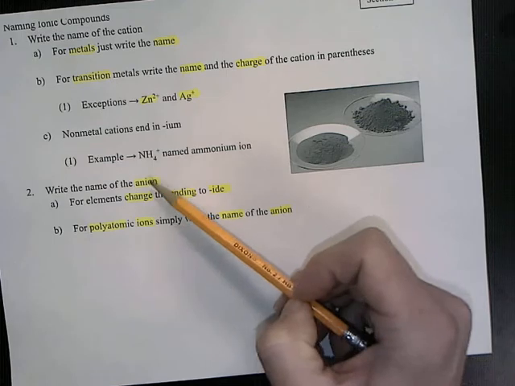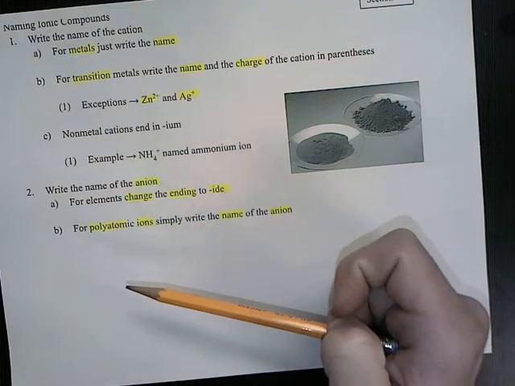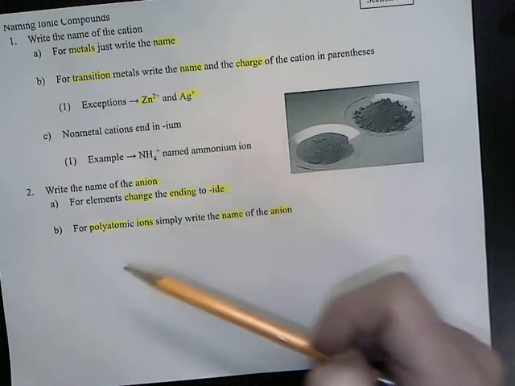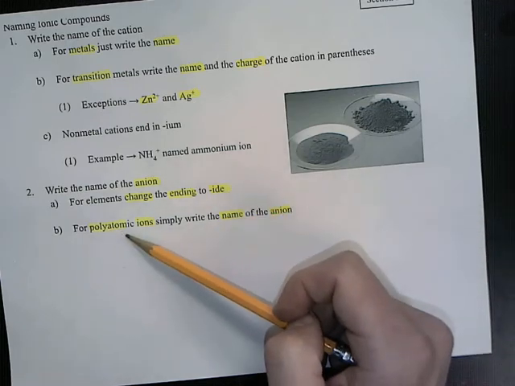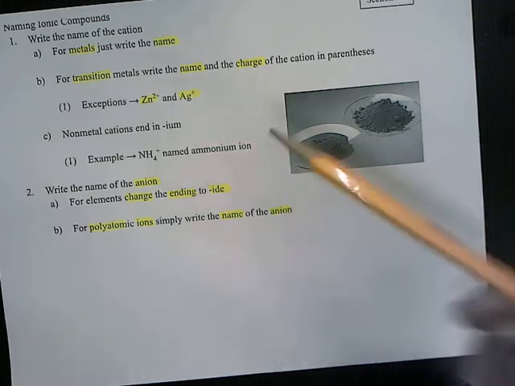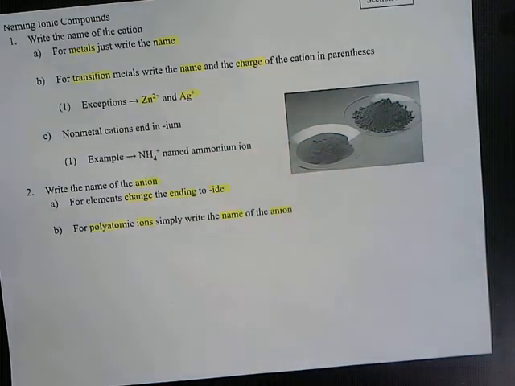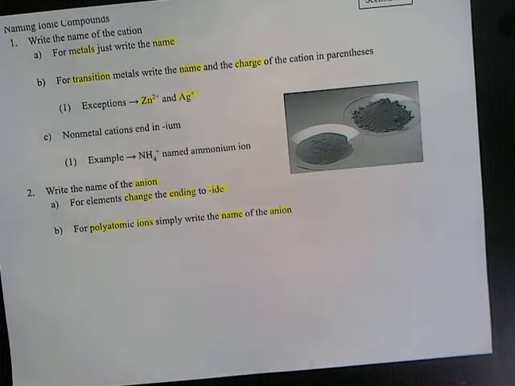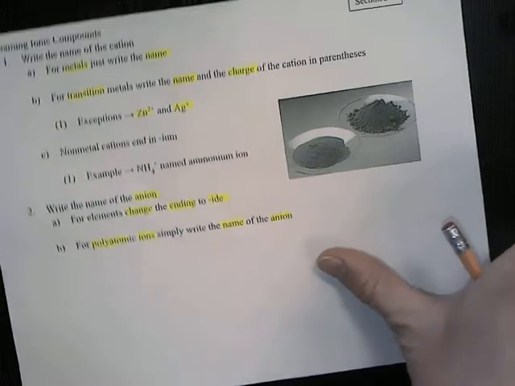Then, step 2, you write the name of the anion, you chop off the ending, and you write IDE. However, for polyatomic ions, you just name the anion how it's listed. Some people like to memorize how polyatomic ions have their names, and there is a systematic set of rules.